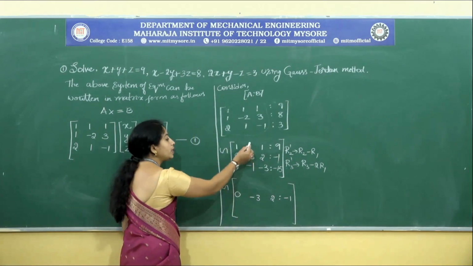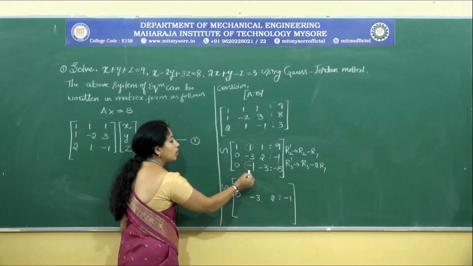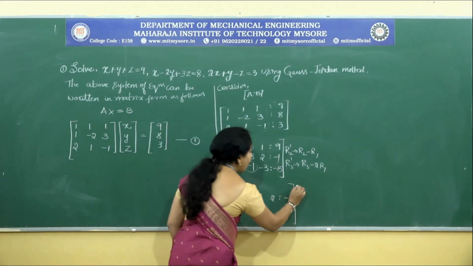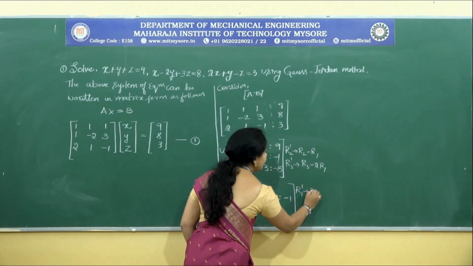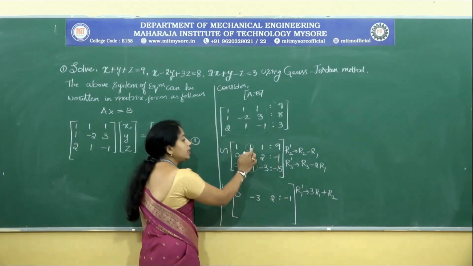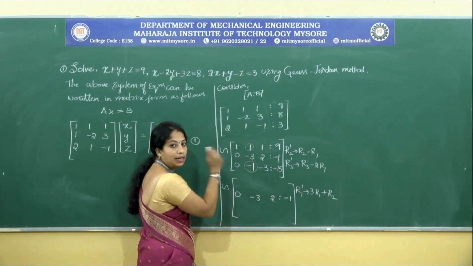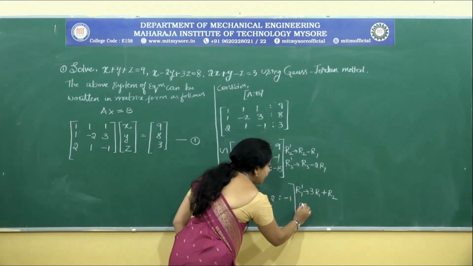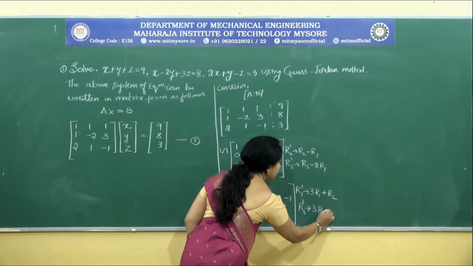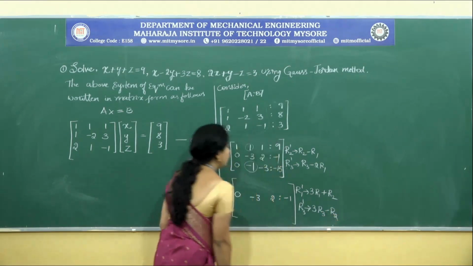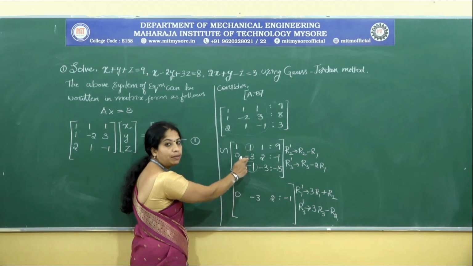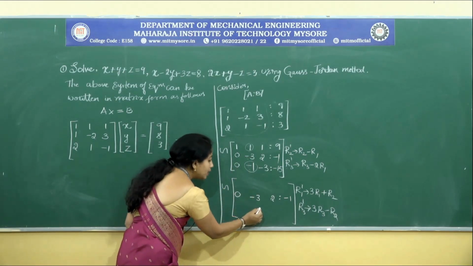Now we are supposed to make these two elements 0 by using this element. The row operation will be R1 dash equals 3 times R1 plus R2, that is 3 times 1 minus 3 will be 0. R3 dash equals 3 times R3 minus R2, that is 3 into minus 1 is minus 3, minus of minus 3 will be plus 3, the value will be 0.